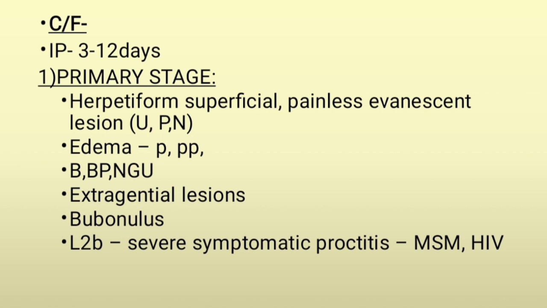Balanitis, balanoposthitis, or non-gonococcal urethritis can also be a symptom. Extragenital lesions can be present. The dorsum or shaft of the penis can present with linear edema, indicating lymphangitis of the dorsum of the penis, known as bubonulus. L2b can cause severe symptomatic proctitis, which is more common in MSM and HIV.